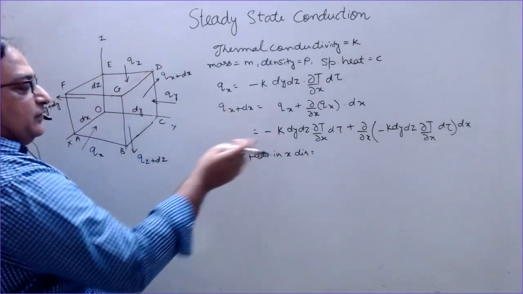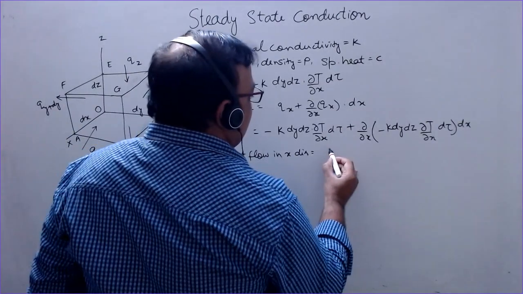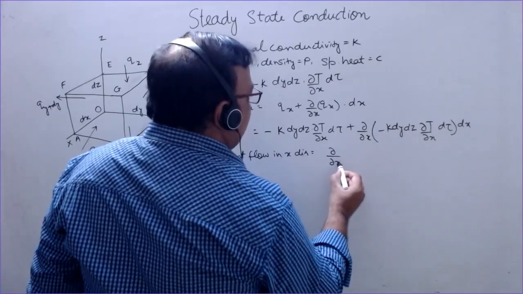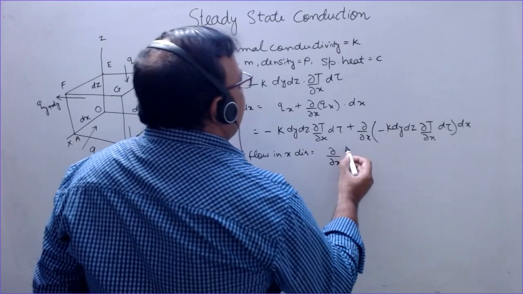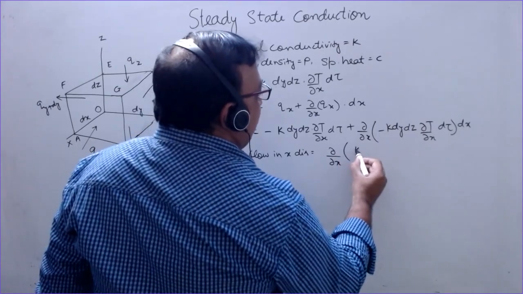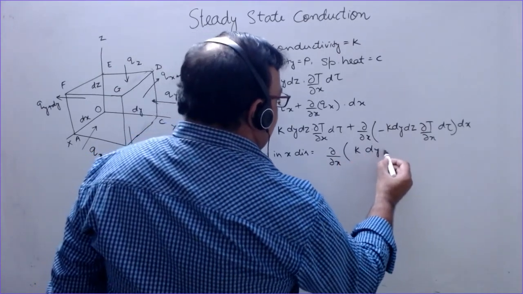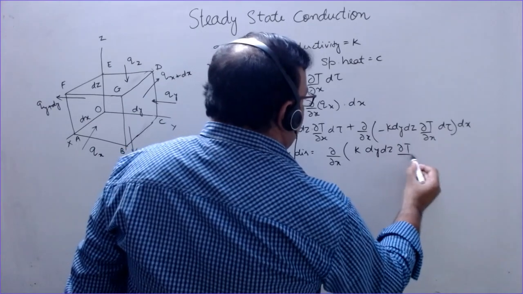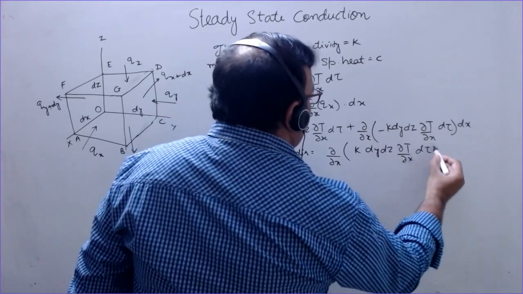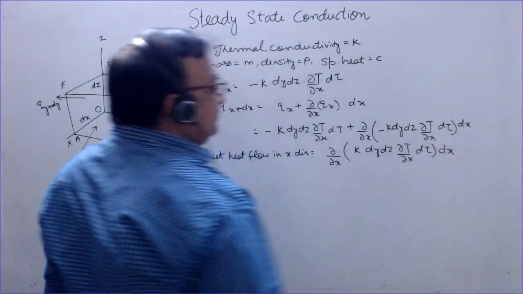So difference of these two, this will give us del over del x of k dy dz del t by del x d tau into dx.